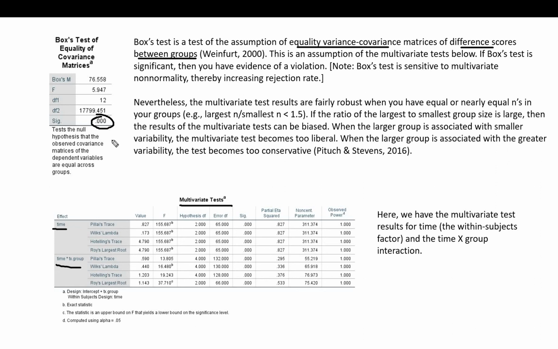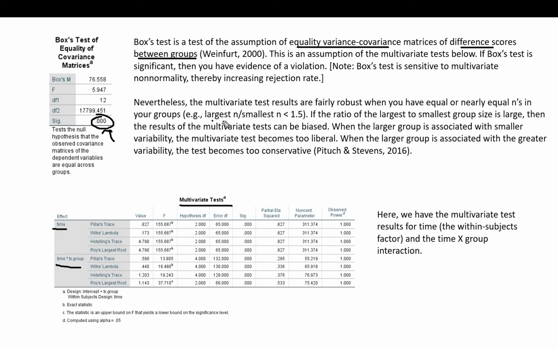But it is important to know that this test, which is Box's test, is sensitive to multivariate non-normality, and it can actually increase the rejection rate in terms of that particular assumption. So basically concluding that the assumption is violated when perhaps it's not. Also, the multivariate test results are fairly robust when you have equal or nearly equal n's in your groups.